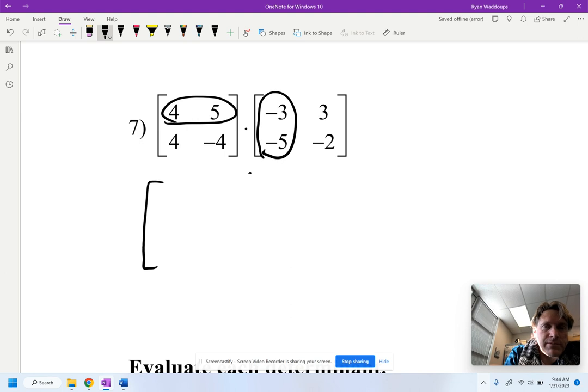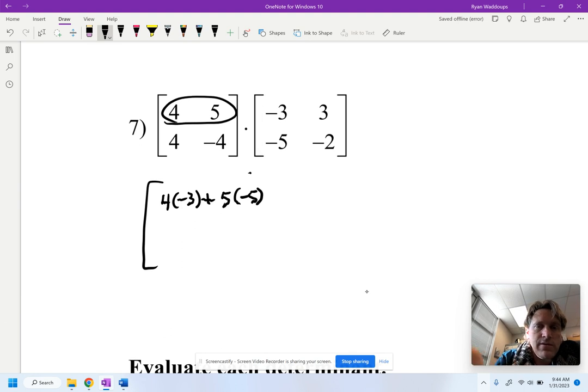So we take 4 times negative 3, and we add that to 5 times negative 5. And then for the first row, second column over here, we take 4 times 3, and we add that to 5 times negative 2.